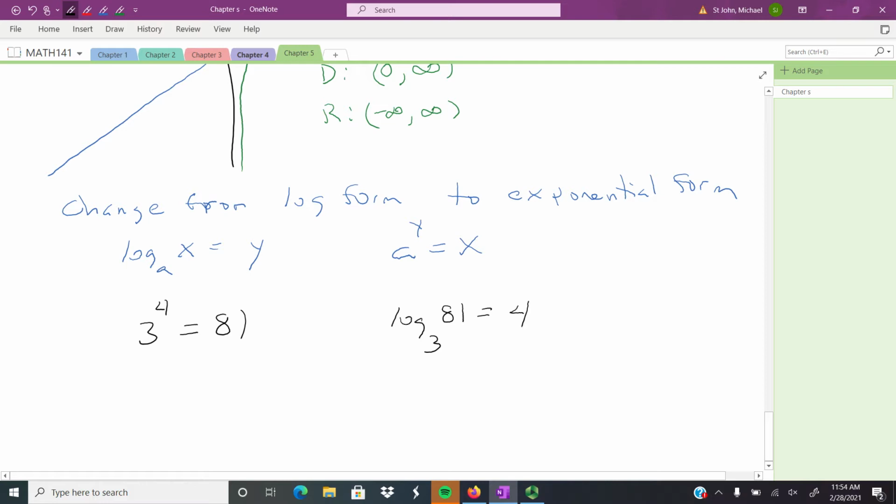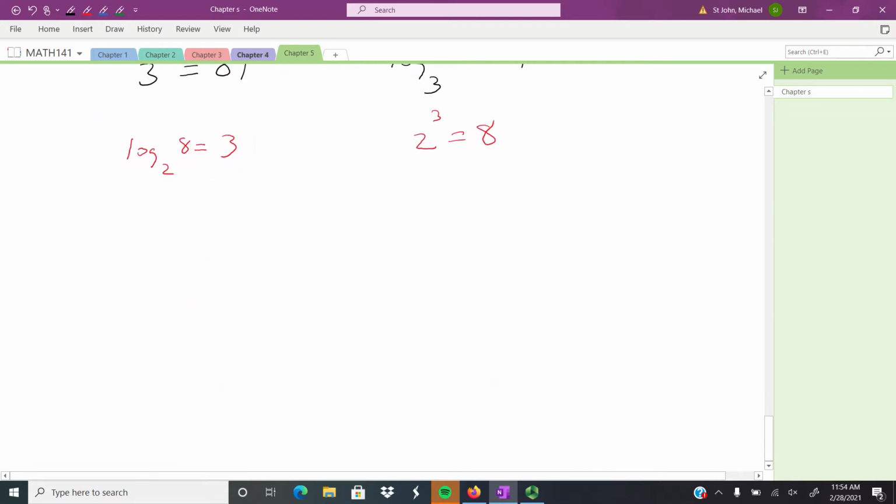And then conversely, if I had the log base 2 of 8 is 3, well then in exponential, this would be 2 to the 3rd power is 8. So then given a problem, we can be able to solve it. So if I had something like this, log base 3 of 4x minus 7 equals 2.